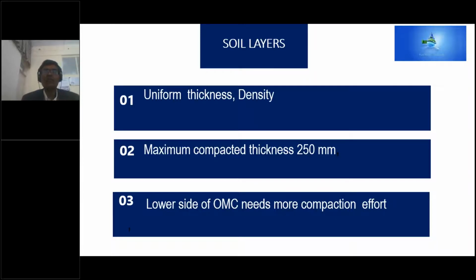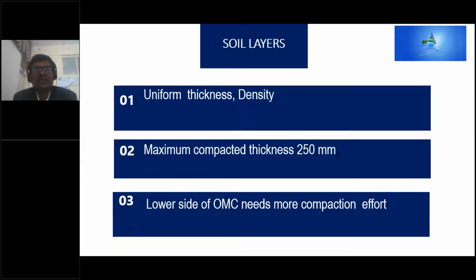We lose nothing. Maybe we may use the grader for another 30-40 minutes, or maybe we may use an additional 2-3 laborers, and that's all the resource I waste. But if we achieve this uniform thickness and uniform density, the performance improves and justifies the investment we make on the road infrastructure.